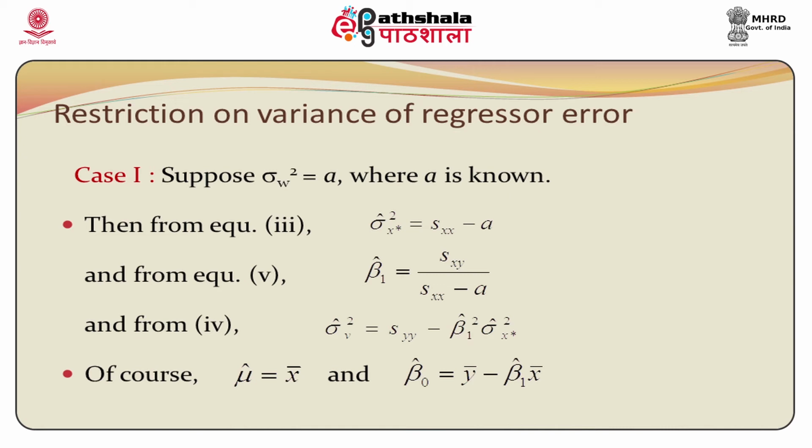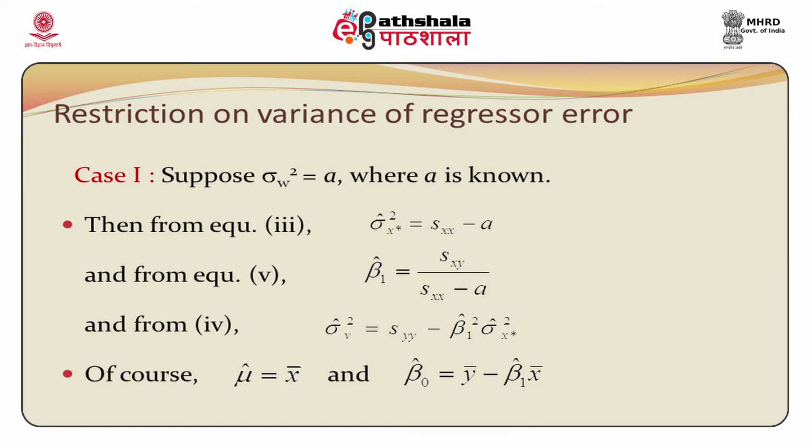If we know sigma w square equal to a, then you can use equation 3 and put this value of a to get sigma x star square hat as sxx minus a. And then if we use this in equation 5, we have beta 1 hat equal to sxy by (sxx minus a). And once we get beta 1 hat, we get all the remaining terms.